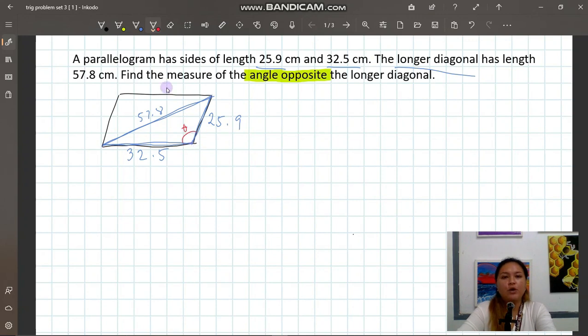Okay, so what we can do here is apply what we have learned in basic plane trigonometry. We have our triangle with an unknown angle, and we are given the measures of the three sides: 25.9, 57.8, and 32.5. Then, what can we use to solve for theta?